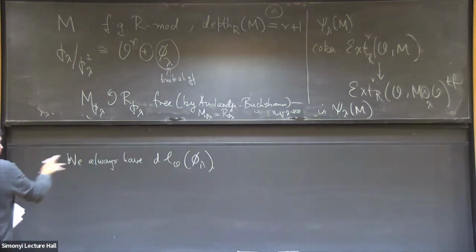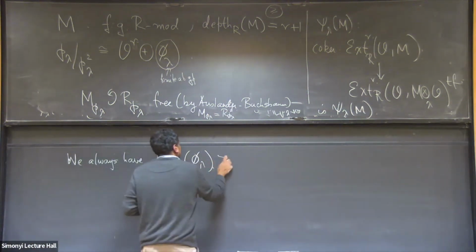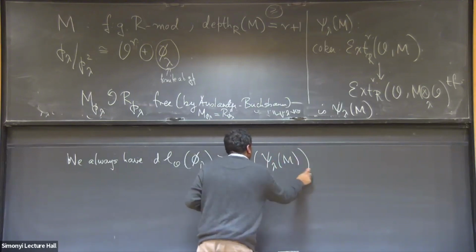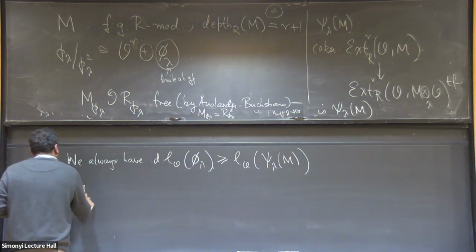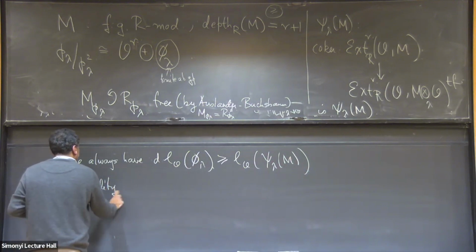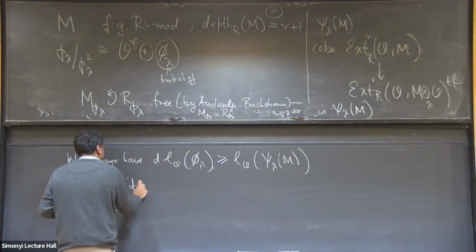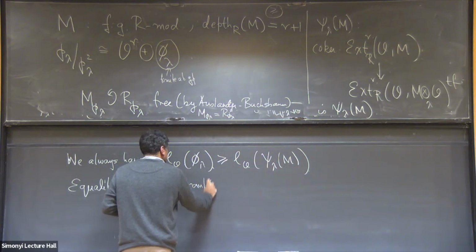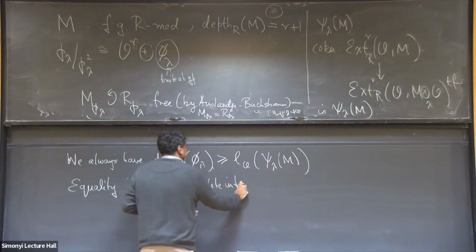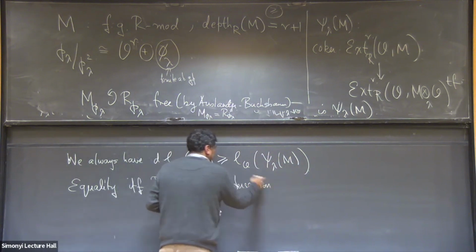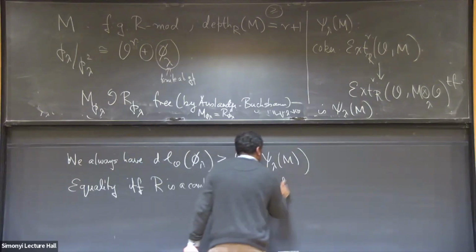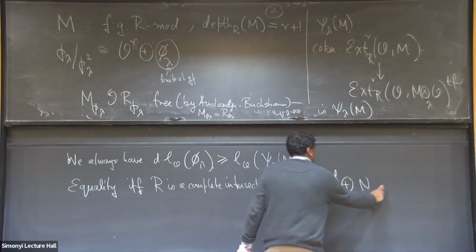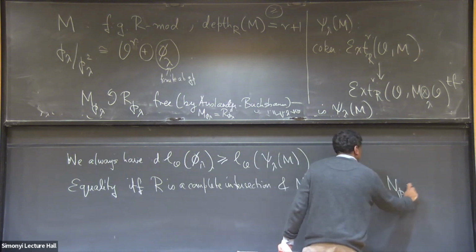Now we always have that this thing dominates the length of the congruence module, and equality happens if and only if R is a complete intersection and M has a free direct summand of rank D. That is, M is equal to R to the D plus N, where the localization of N at P lambda is equal to 0. So somehow it doesn't see lambda.